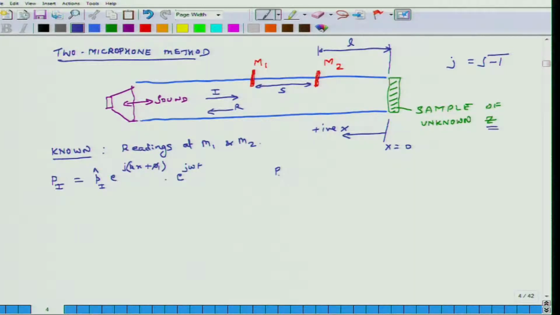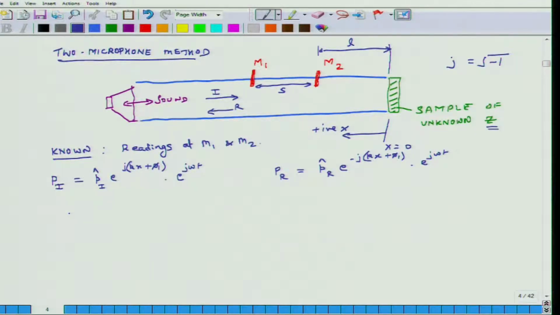And my reflected wave: Pi is a function of x as well as t, and similarly Pr is a function of the same. So this is again some number Pr hat e to the power of -j (kx plus phi2) times e to the power of j omega t.